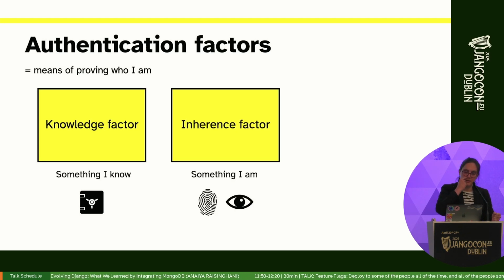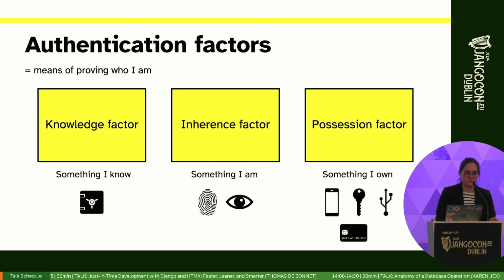Inherence factors are also called biometric factors. It's a fingerprint scan or the Face ID, for example. These are mostly weak on their own. So I won't talk about them a lot, but a little bit anyway.